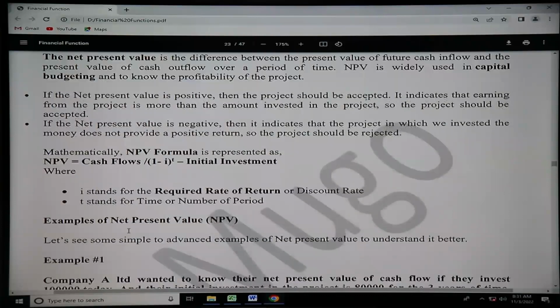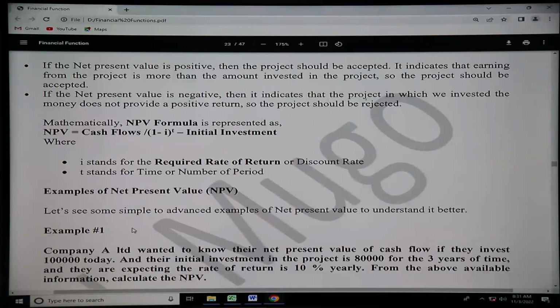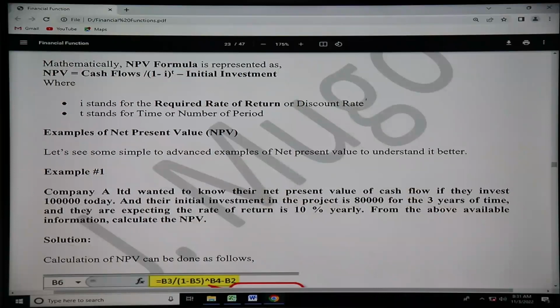An example of the net present value, we can actually experience it in a simple Excel worksheet. And here we are given a company, that is A Limited, that wanted to know their net present value of a cash flow if they invest 100,000 today.